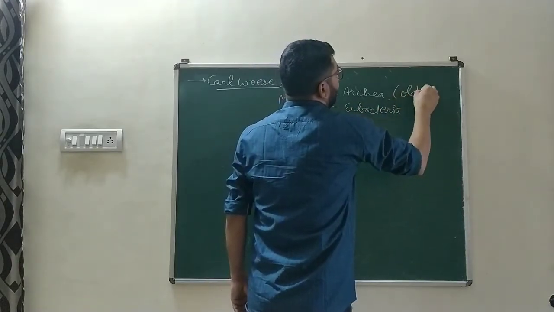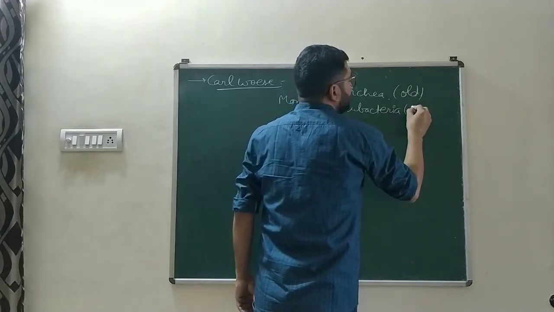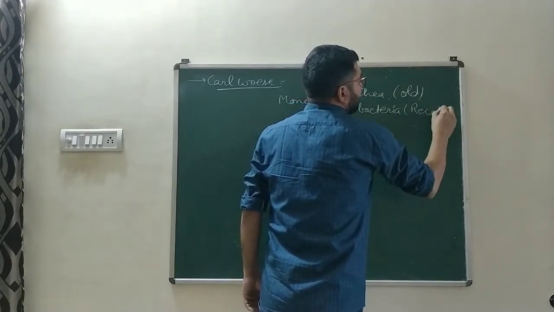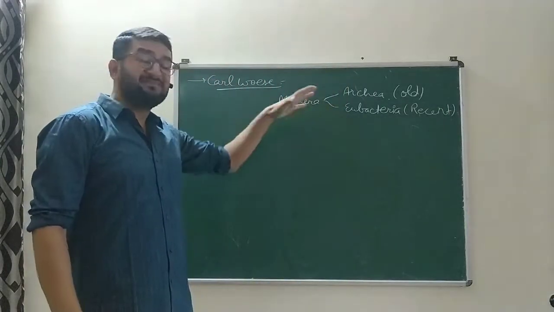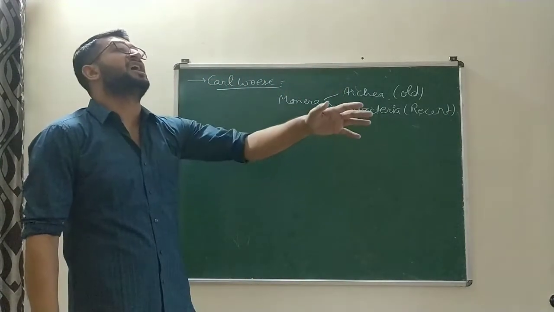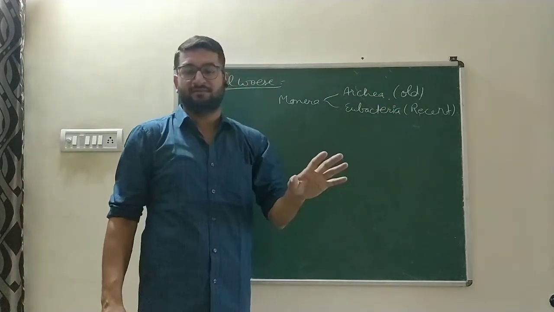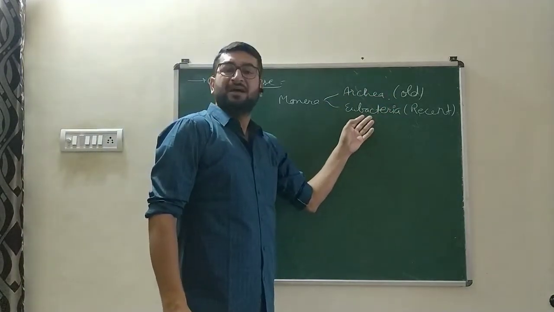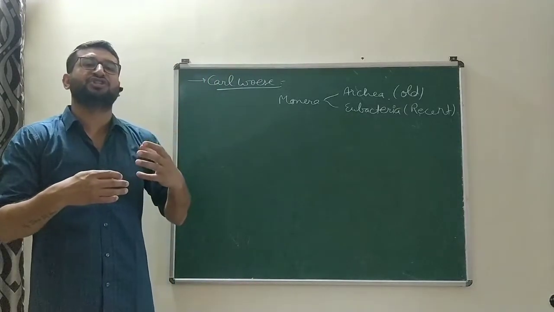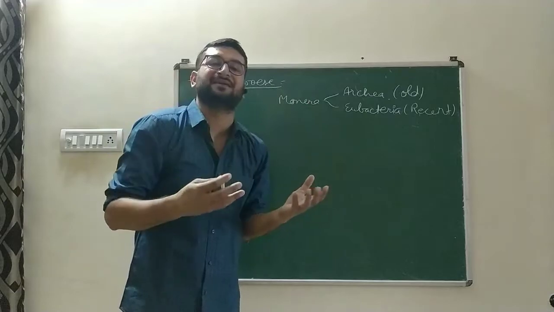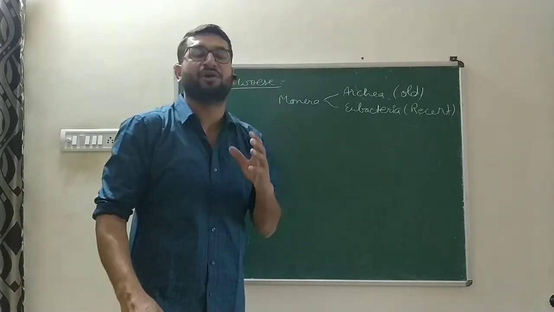Archae means old form and the Eu means the recent bacteria, the advanced one, the new one. The Archaebacteria used to live in the most harsh conditions of the environment, and Eubacteria are the recent ones. They are the advanced ones. They have a certain modification. They evolved from the Archaebacteria. We will study them in detail in Kingdom Monera.